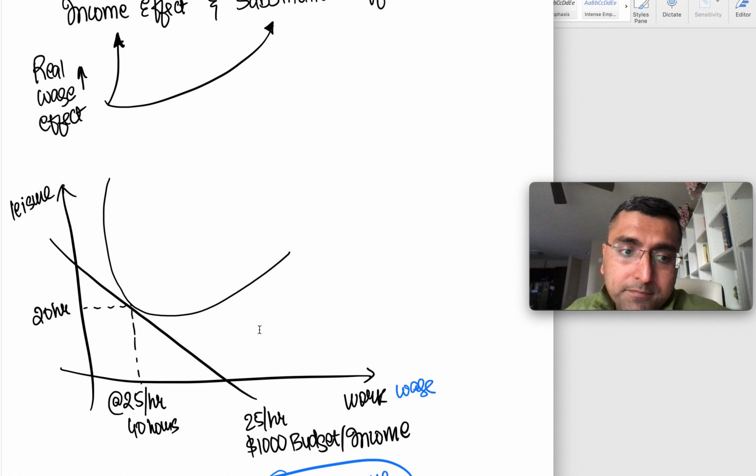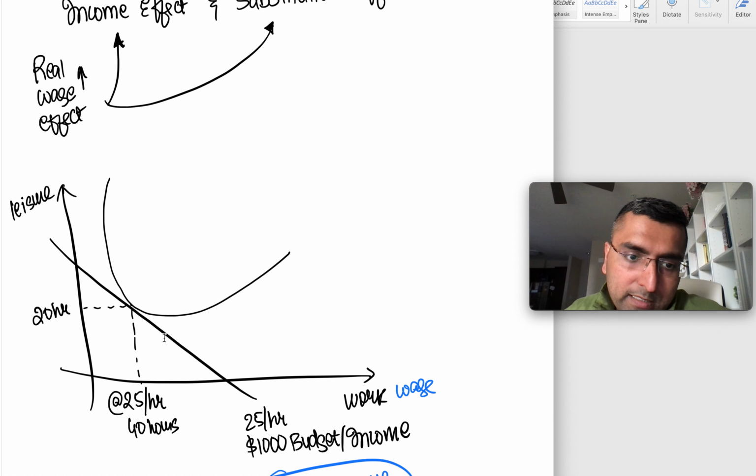Because he's getting $25 an hour and he's working 40 hours a week, and let's say he spent 20 hours on leisure. So if leisure is on the y-axis and work is on the x-axis, we can draw this budget line, which is basically he makes $1,000 of income at $25 an hour.